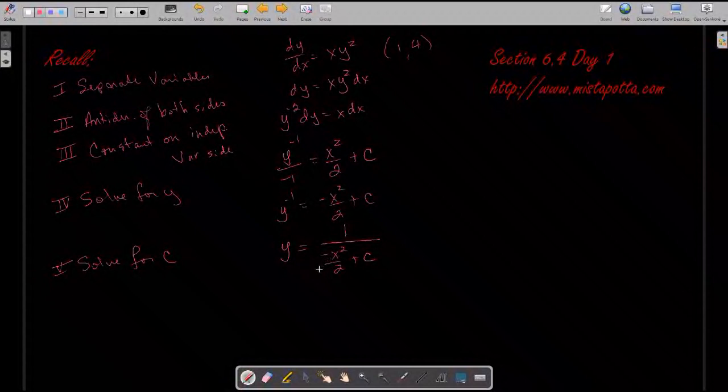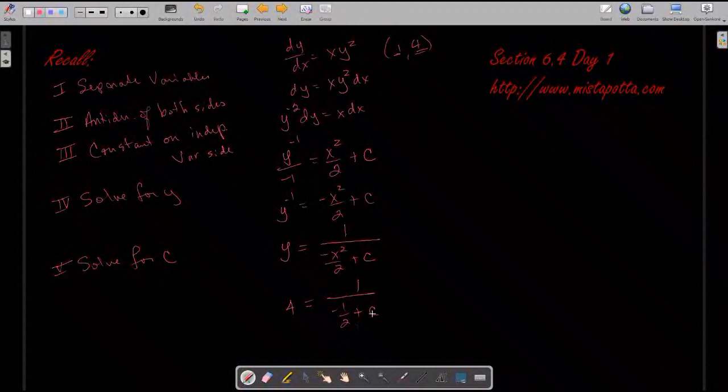So when I do that, I'm going to be taking the initial values that I've got here. x is 1, and y is 4. So I end up with 1 over negative 1/2 plus c equals 4. And I'm going to solve for c.